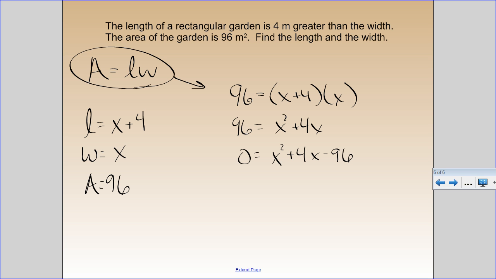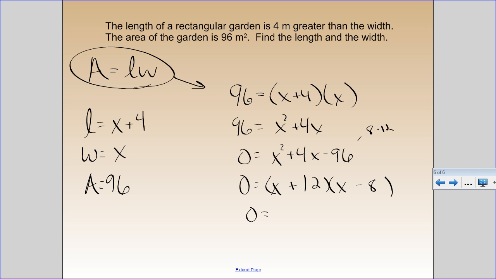And again here I have this 96 that I used last time. And I know that 8 times 12 equals 96. And that's what we want to have. So when I factor this, I get a plus 12 and a minus 8 to give me a positive 4.